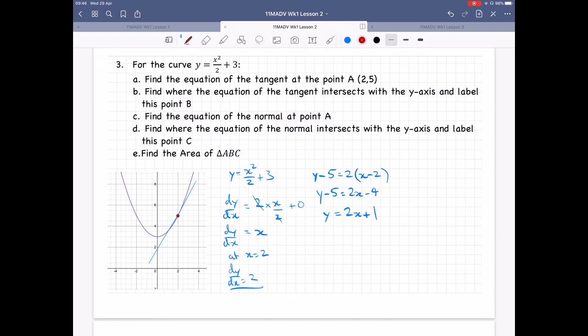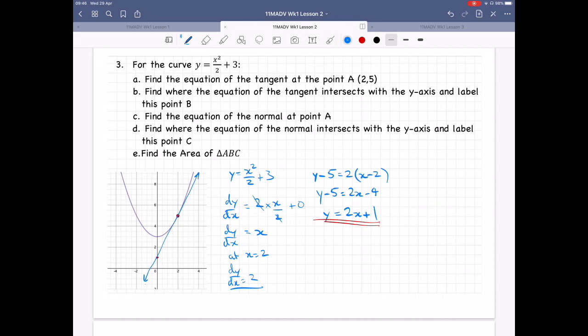So now we have our equation of the tangent, and we can see that our original line drawn there was off slightly, so we'll just readjust that. We'll get rid of the line that we had there. We now know that our line passes through 1 here, so we can straighten our tangent up to suit. So now we have our equation of the tangent.